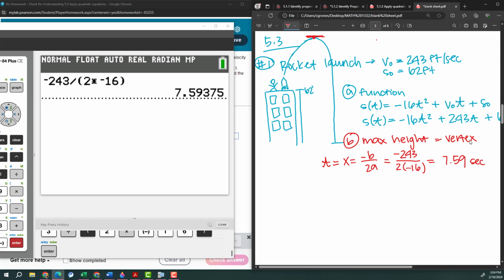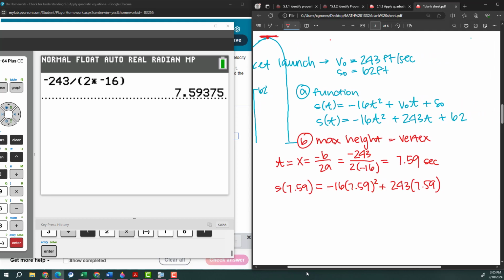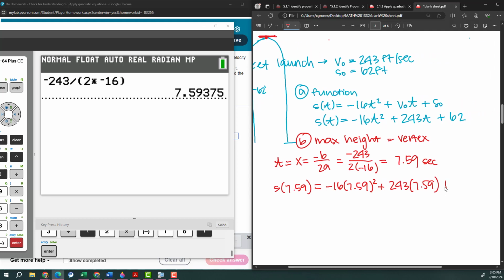And now we can plug this in and solve for y. So S of 7.59 equals negative 16 times 7.59 squared plus 243 times 7.59 plus 62. Again, I'm going to put this into our calculator.